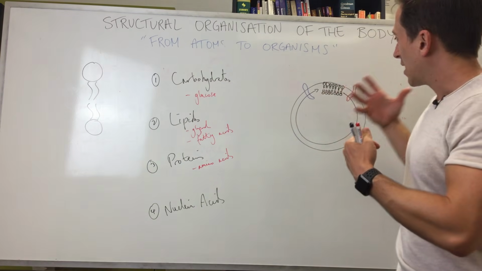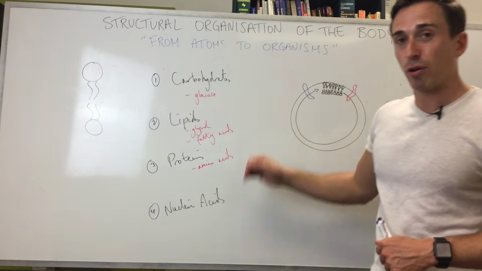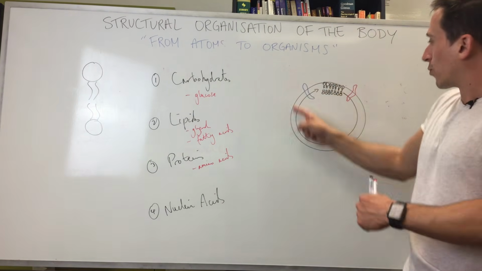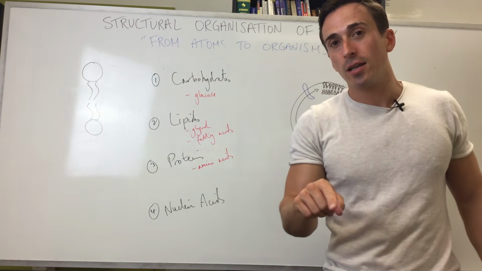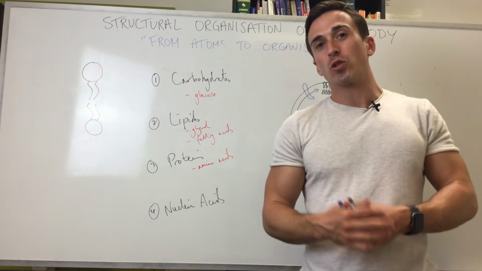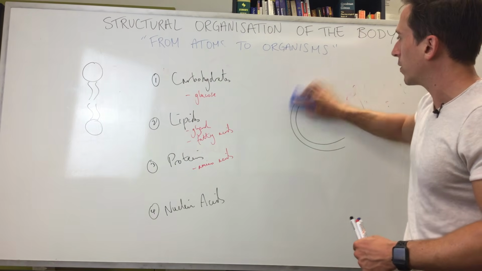So this is just one particular function of each of these carbohydrates, lipids, and proteins, and that's simply with creating the phospholipid bilayer outside the cell. Inside the cell, you have subcellular structures called organelles, and there's many different types of organelles within a cell.